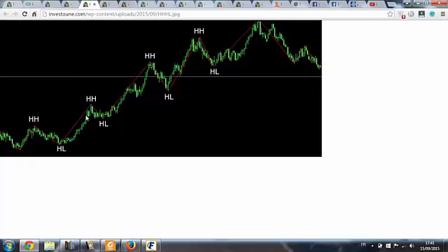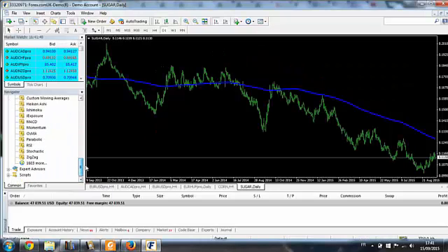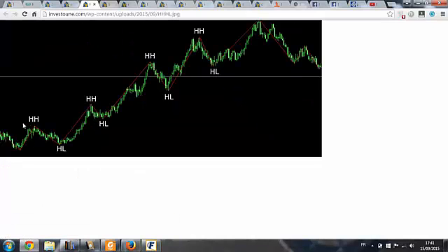So this is the first higher high, higher low, and I recommend you use the zigzag indicator. You could find it here. The zigzag indicator is there in the examples. The zigzag will help you to define the higher highs and the higher lows.